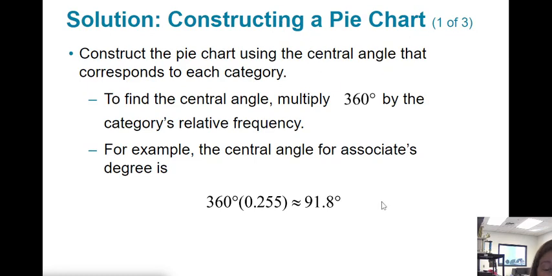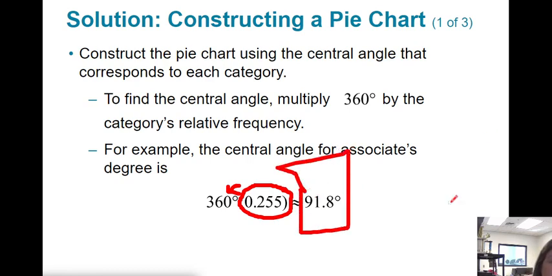And to do that, to find your central angle, you're going to take your relative frequency and multiply it by 360, because that's how many degrees are within an entire circle. So relative frequency times 360, you're going to get your central angle.